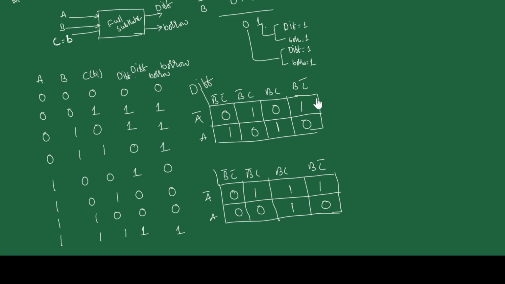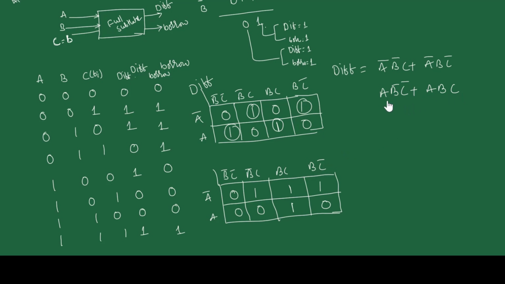Now you got your minterms filled. Now I'm going to get an expression for difference. If I take difference, I have to write 4 isolated ones. There is no possibility for pair formation. So if I write it here, A bar B bar times C plus A bar B times C bar, then A times B bar C bar, then A times BC.